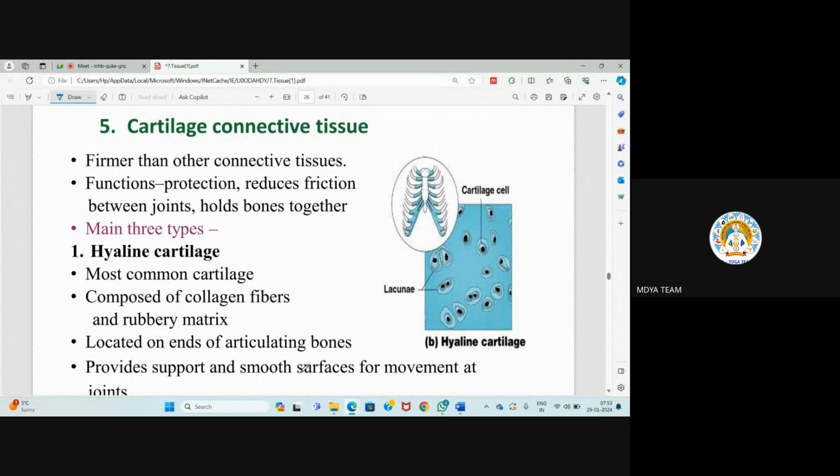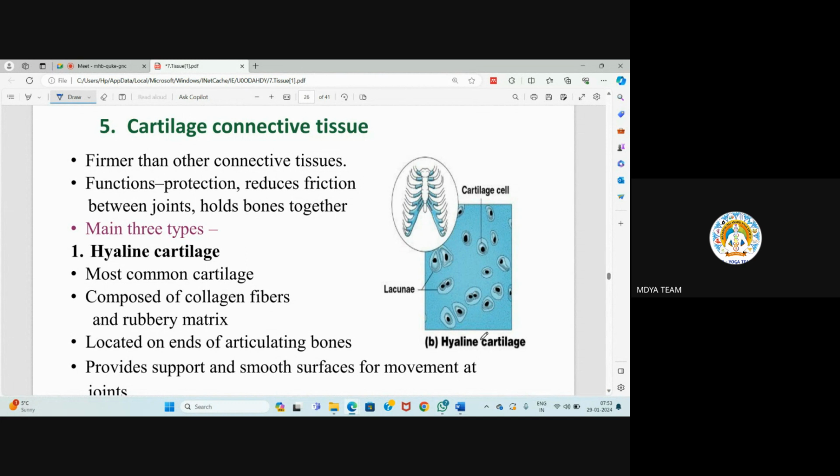So we can say that cartilage is a softer form of bone. Cartilages are also a type of connective tissue. And what are their functions? They protect, reduce friction between joints, and hold the bones together.